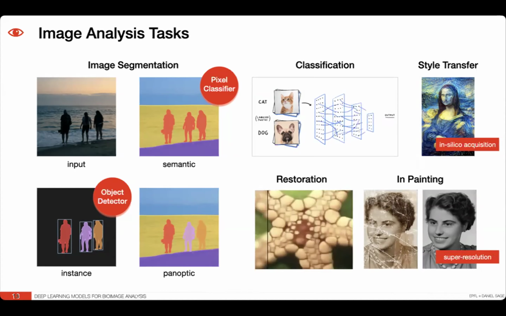Inpainting is another task that is also really related to AI because we use a lot of data to make inpainting, to correct artifacts or maybe to make super resolution, to increase the resolution of the image. So those are the tasks that we have. So, an important thing: we should always define the task. That's the first thing that we should answer.